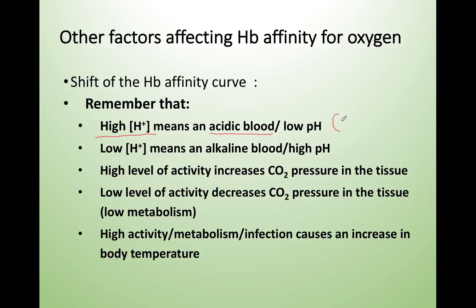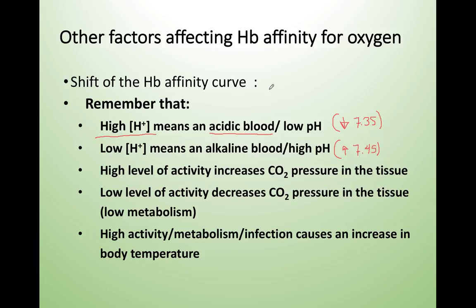The actual number in humans is anything below 7.35. And low hydrogen means your blood is alkaline or basic, which means you have a high pH, which for our body implies a pH higher than 7.45.